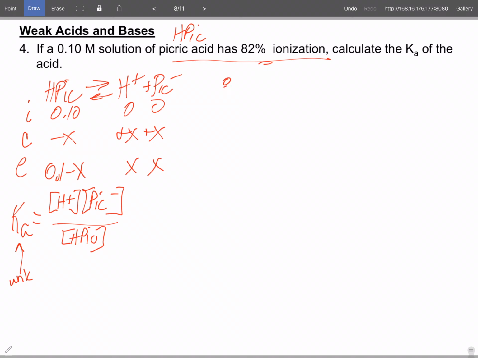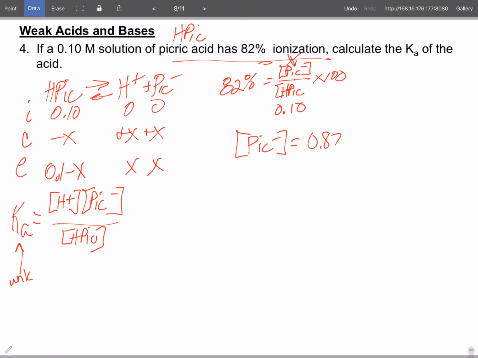So that means that the 82% is going to be equal to the pic minus divided by H pic times 100, and this is our X, and this is our 0.10. So that means that our pic minus is going to be equal to 0.82 times 0.10 molar, which gives us a value for X of 0.082 molar.